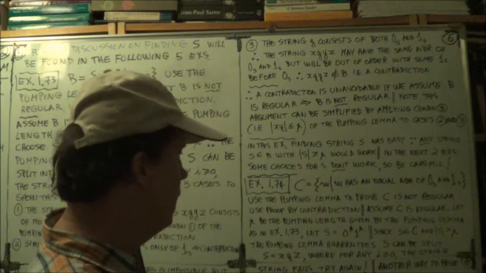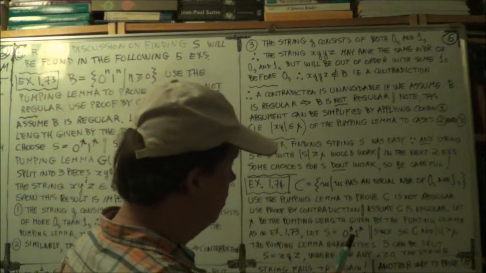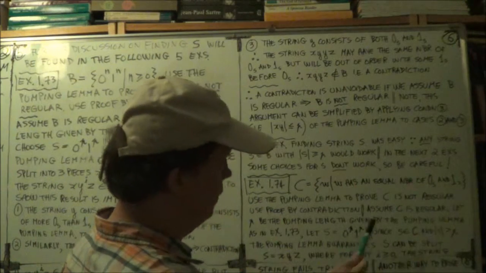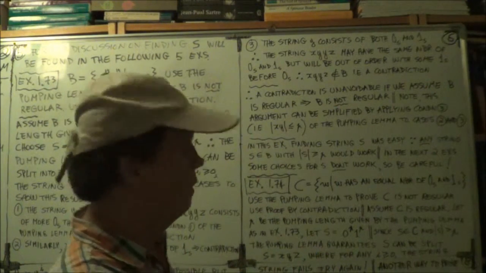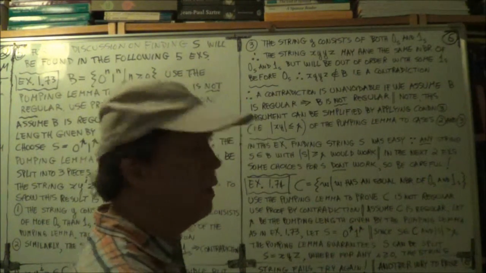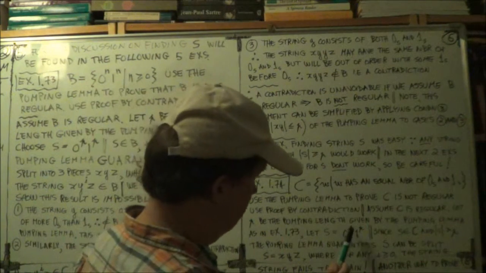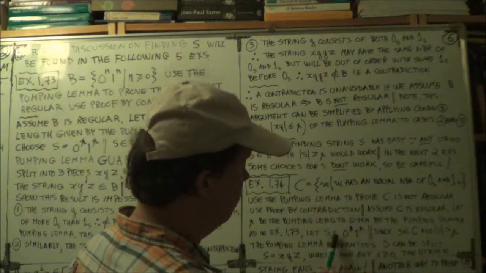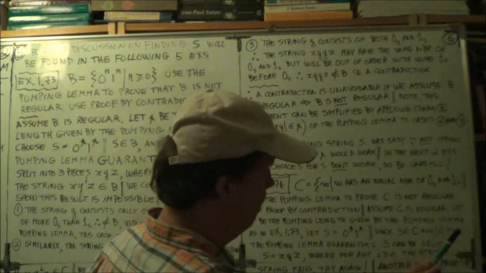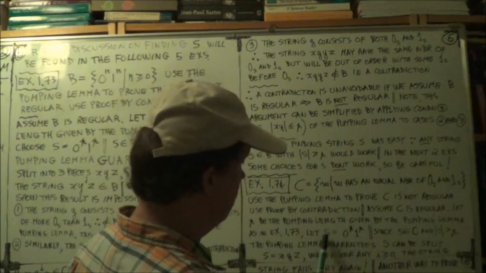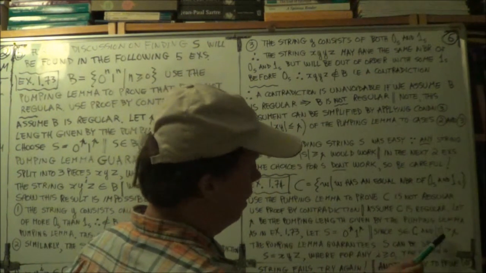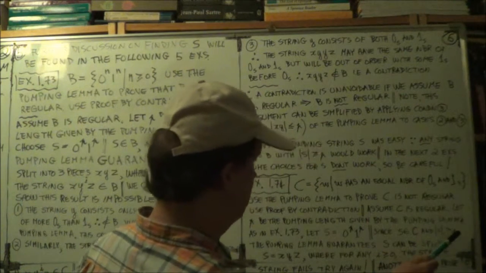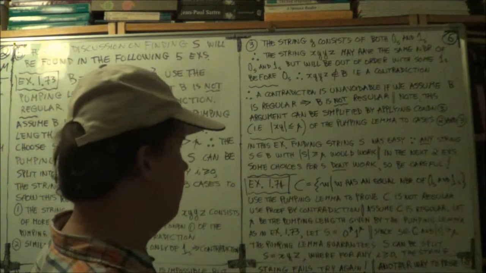Now the length of S will be just the same as the previous example. The number of symbols in the string will be 2P: P zeros and P ones, so 2P. Now 2P is larger than P. This string belongs to the language and its length is greater than P. Now what is P?